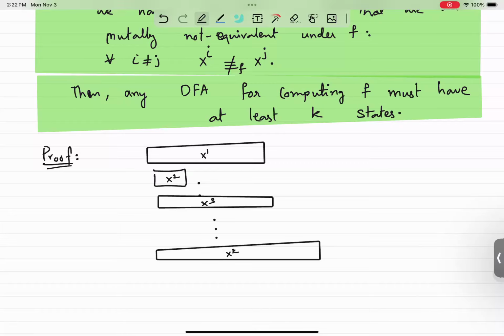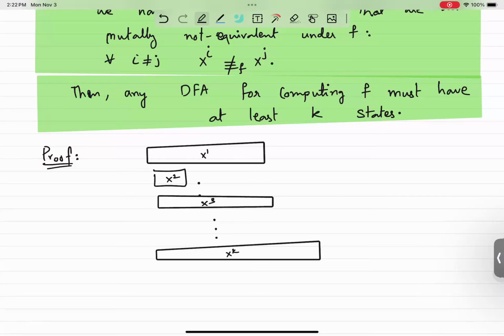So, why could this be true? It's like for each xi, there's some unique set of operations. That's a little bit vague. We want to be more precise. So what do we really want to say?